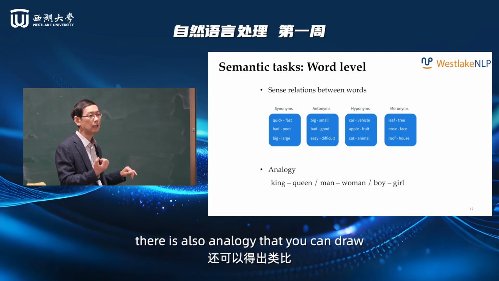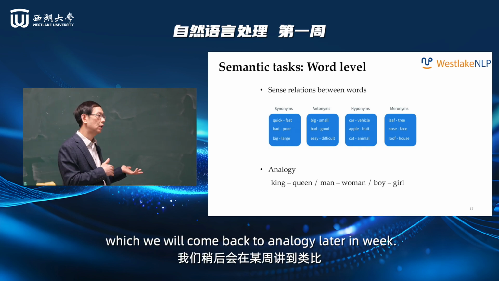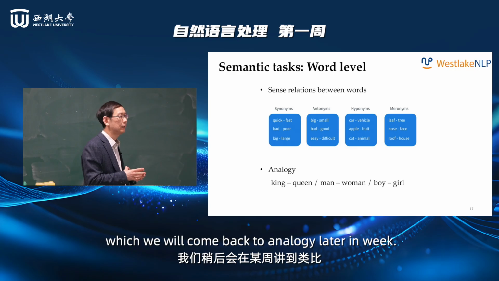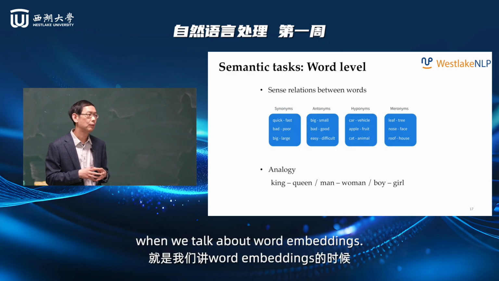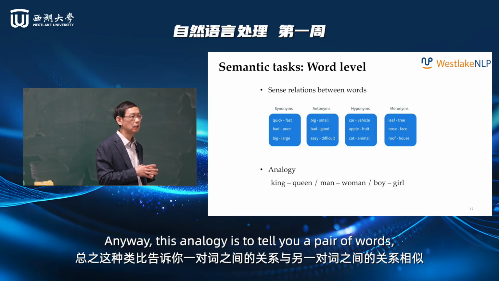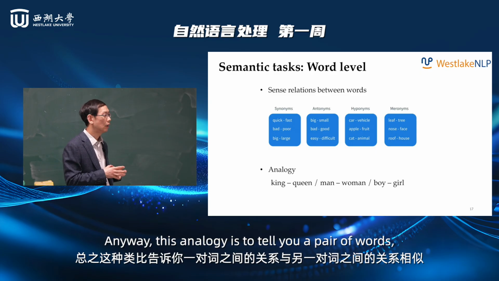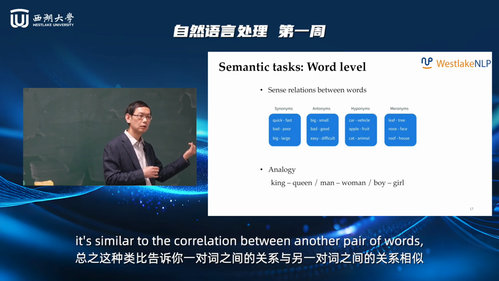And if you put a pair of words together, there is also analogy that you can draw, which we will come back to later, I forgot which week, when we talk about word embeddings. Anyway, this analogy tells you that the correlation between a pair of words is similar to the correlation between another pair of words.